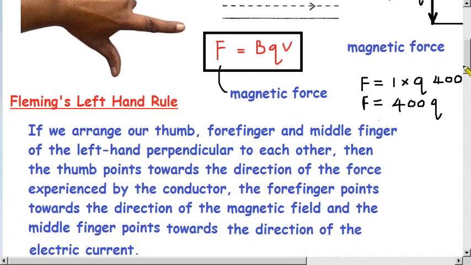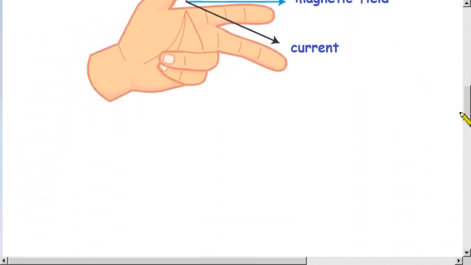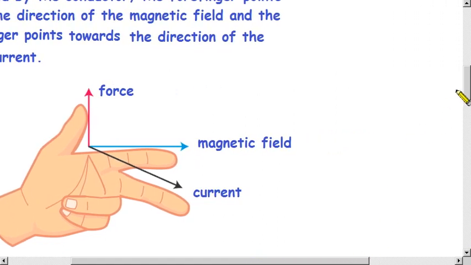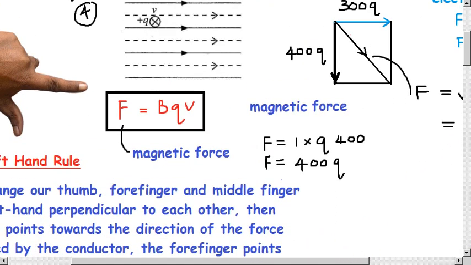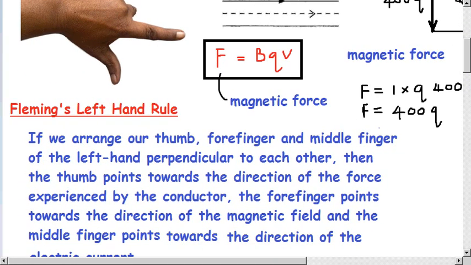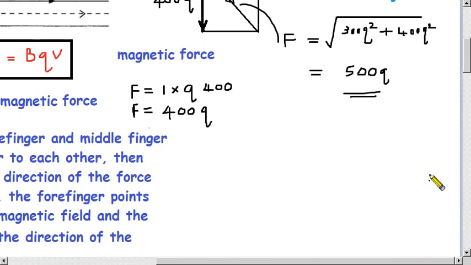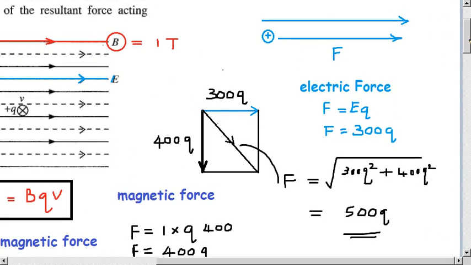So I think you can understand this is not a big issue. I explained how the magnetic force is calculated and also the direction using Fleming's left hand rule, and also how to get the value of the electric force and its direction.